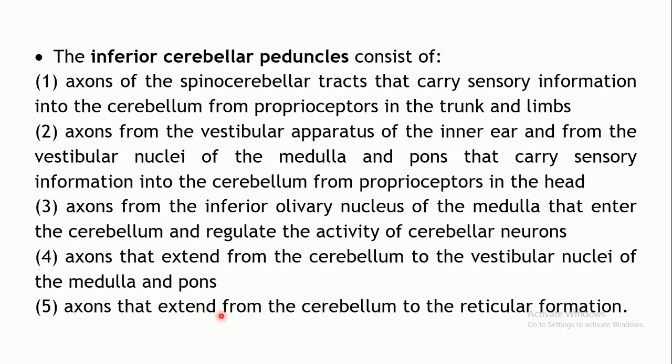Also are the axons that extend from the cerebellum to the reticular formation. What is a reticular formation? It is a network of white and grey matter interspersed, which passes across the brainstem. So there are connections between this reticular formation and the cerebellum as well.